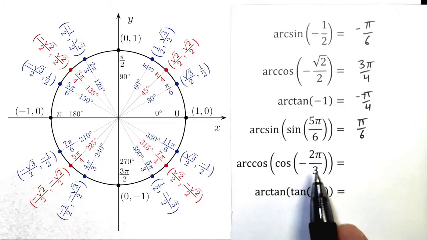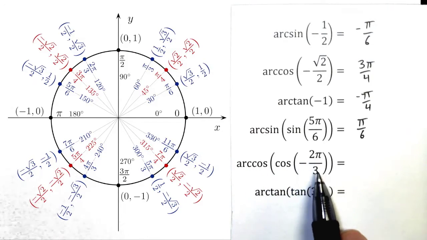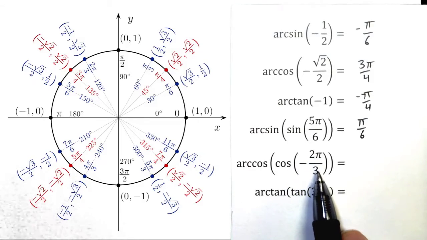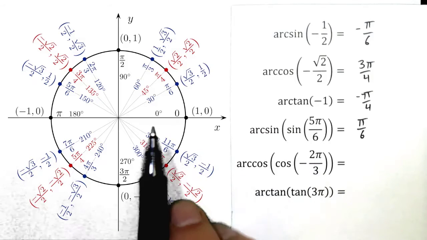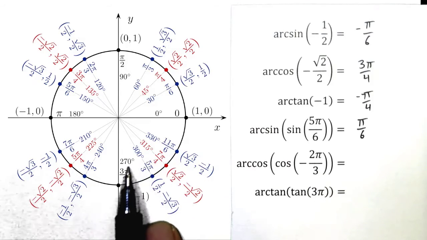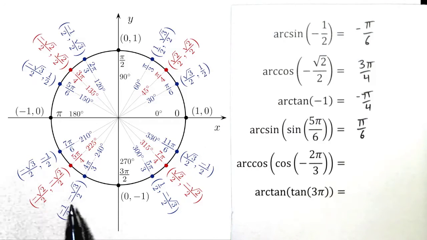Let's look at this one. Arc cosine of cosine of negative 2 pi over 3. Well, cosine of negative 2 pi over 3 is the x-coordinate at that angle. So here's negative pi over 3. Negative 2 pi over 3 puts me here. The x-coordinate is negative 1/2. Okay, now if I'm going to find arc cosine of that, negative 1/2, I have to find the points that have that x-coordinate.